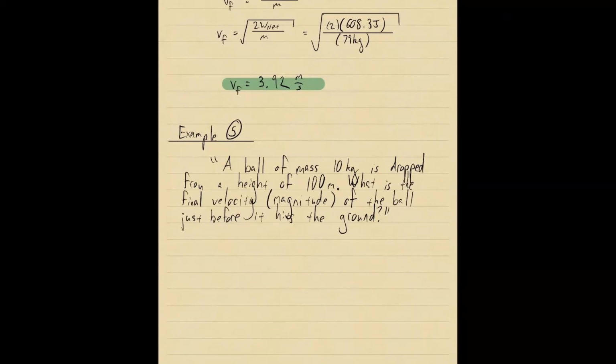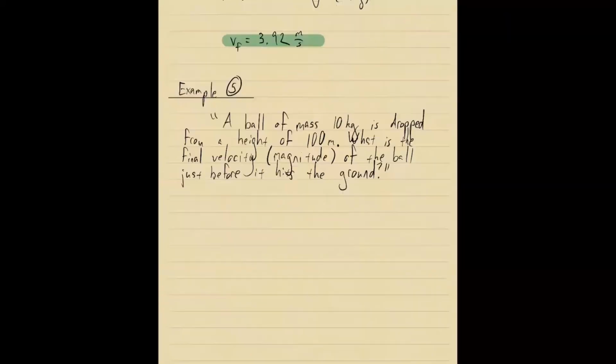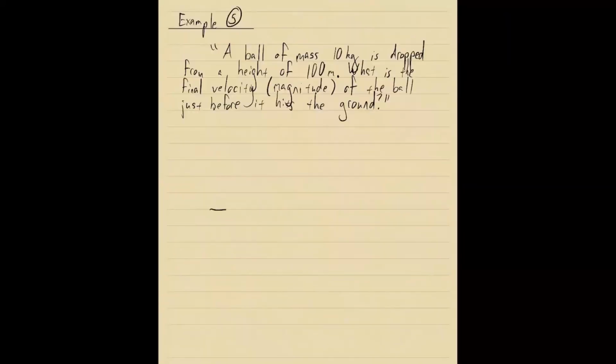Okay, so the way that we're going to solve this one is by using conservation of energy. Let me just draw a quick picture. We have our ground, and then our ball starts from somewhere up here. This distance between where the ball starts and the ground is a distance of 100 meters.